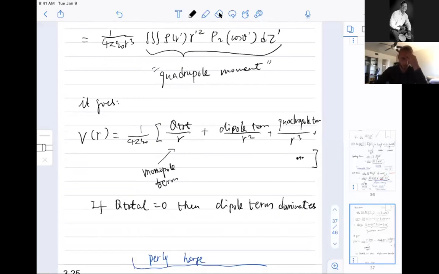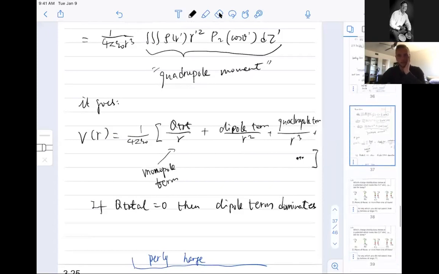If both your monopole and dipole terms are 0, then the quadrupole term will be dominating. Okay, so you might wonder, what does it look like if I have a Q net that is 0 but dipole is not 0, and what does it look like if I have dipole 0 but quadrupole is not 0? So we are going to look at a few more examples and make sure we understand that properly.